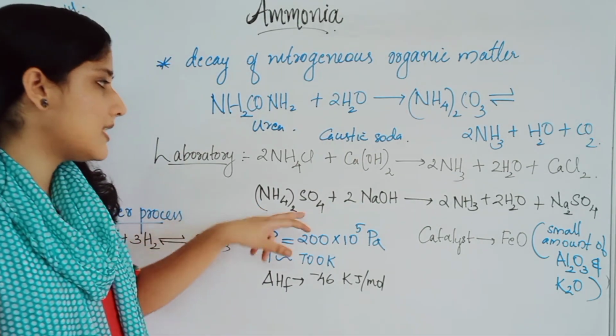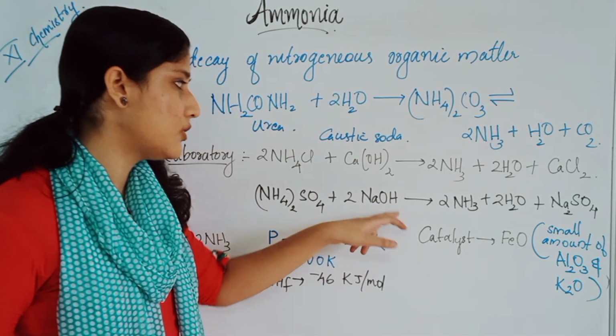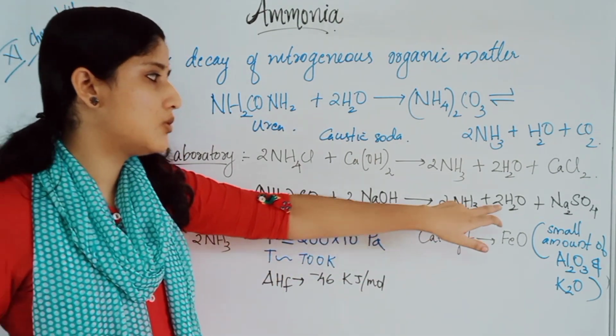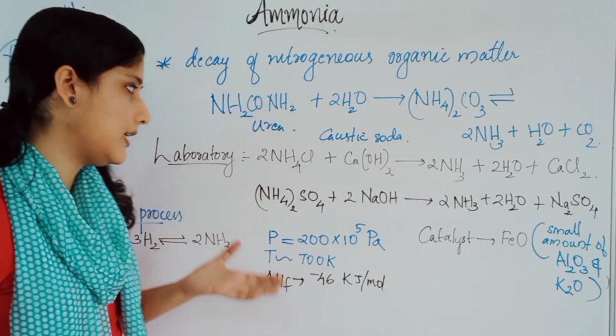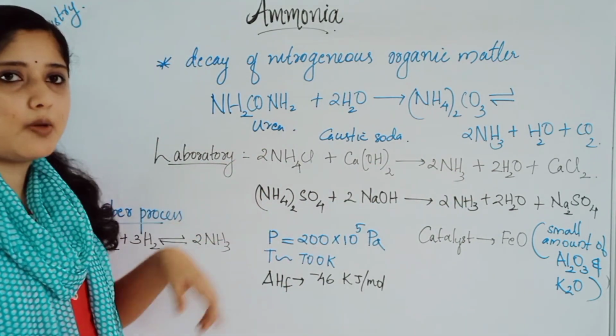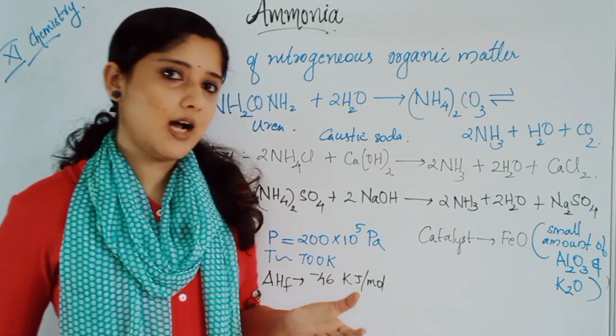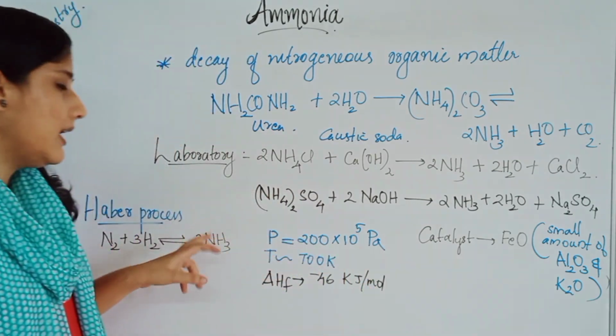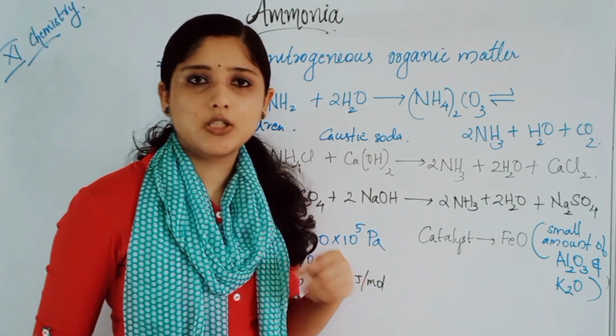Similarly, ammonium sulfate plus sodium hydroxide also reacts to form 2NH3 plus 2H2O plus sodium sulfate. These are the main laboratory preparations from ammonium salts. Simple preparation.